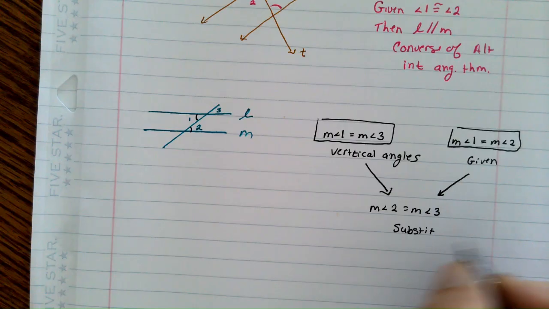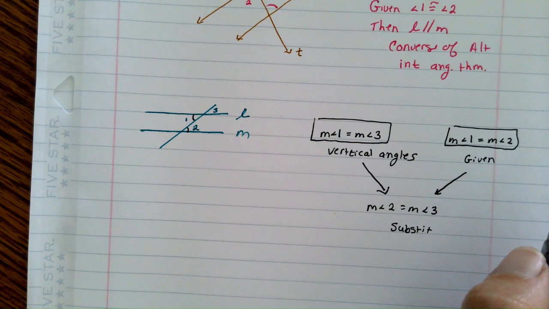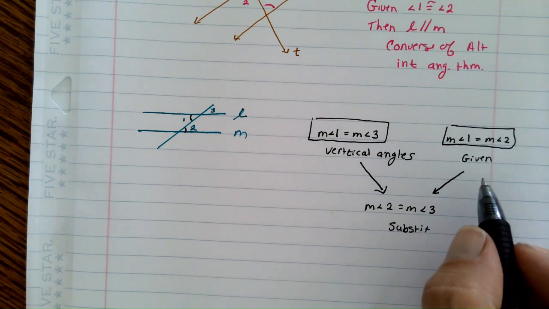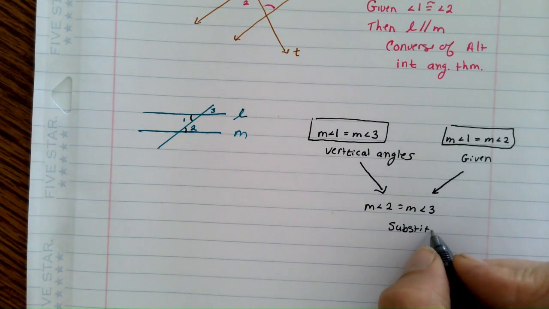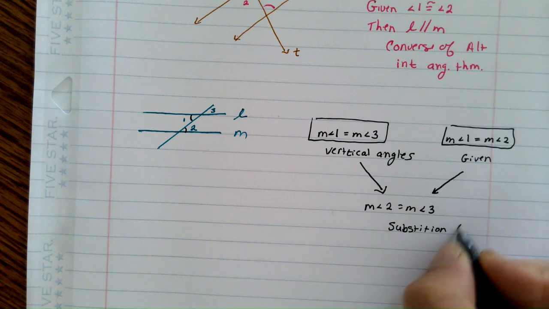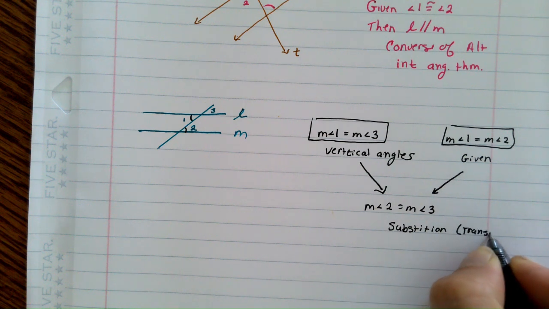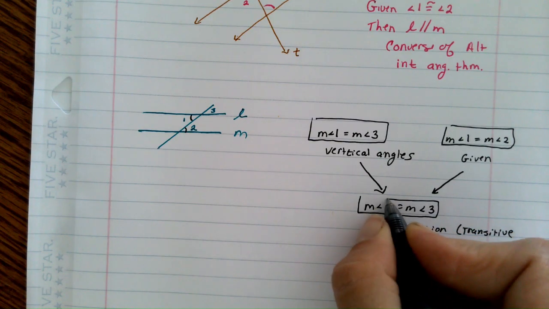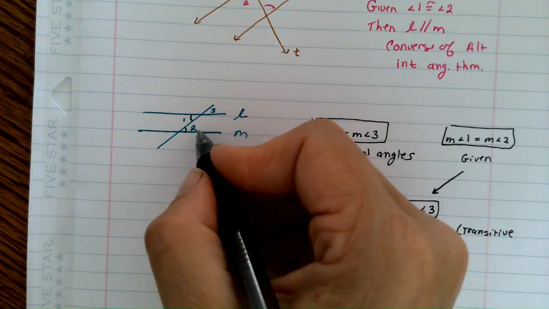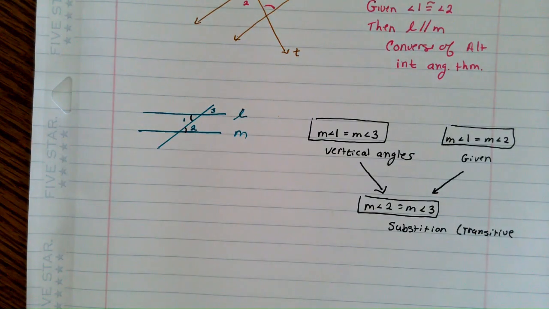Now, some places you might see it called the transitive property because if 2 is congruent to 1 and 1 is congruent to 3. So I would accept substitution or transitive. Okay, and we notice that 2 and 3 are in corresponding locations.